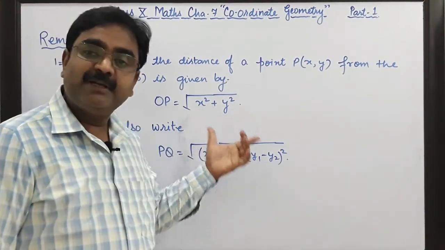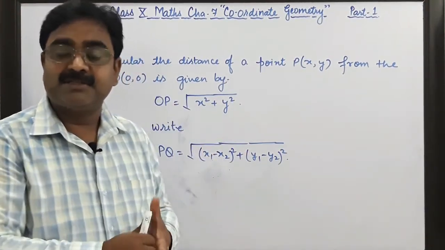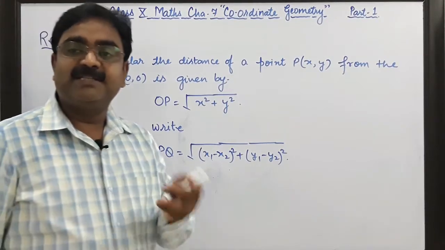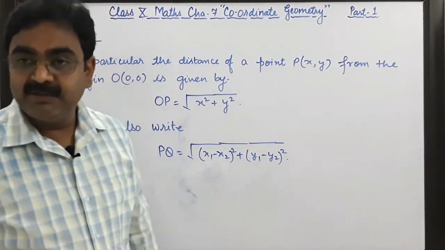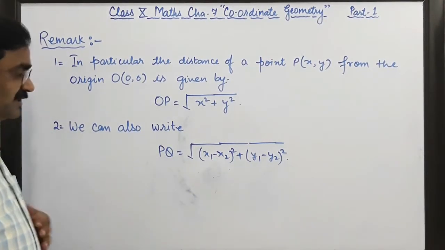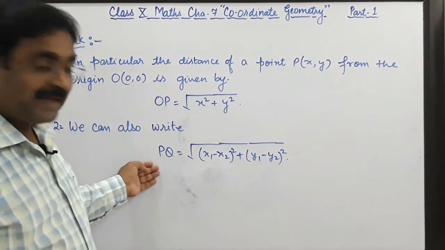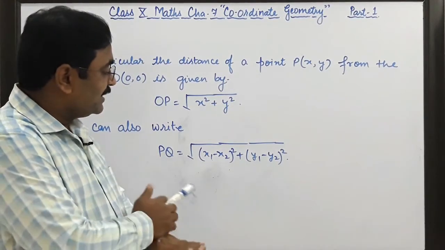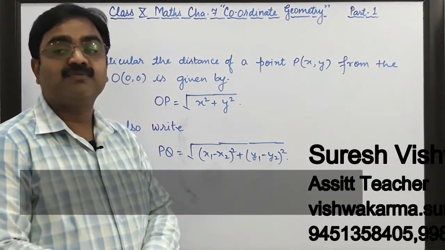This formula you can get from the general formula that we have discussed. PQ equals the square root of (x2 minus x1) whole square plus (y2 minus y1) whole square. Now see the second remark. This formula PQ can also be written as the square root of (x1 minus x2) whole square plus (y1 minus y2) whole square.